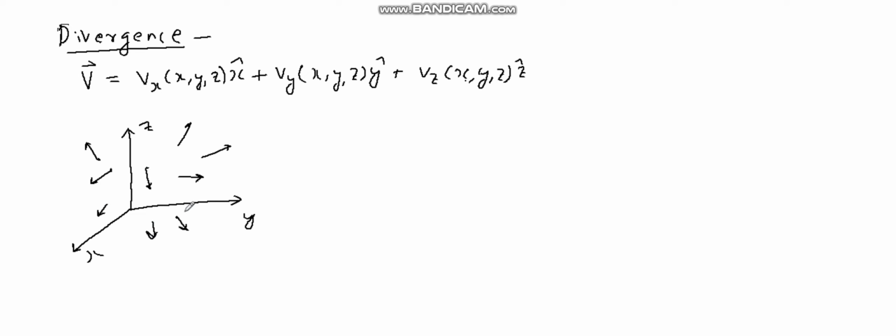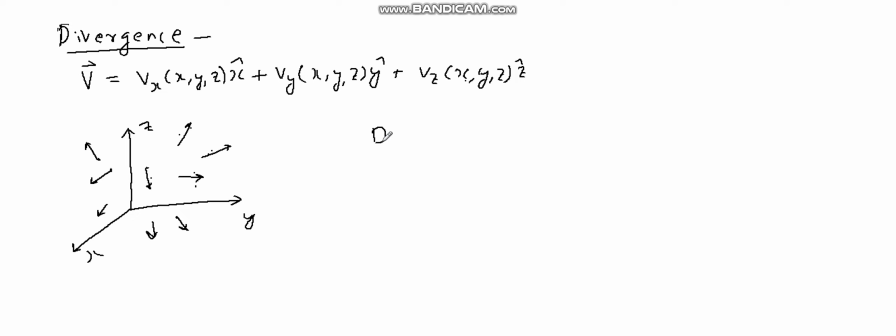So what is this divergence? Well, the name divergence itself says how these vector field lines are diverging or converging, or they are neither diverging nor converging. They are just parallel. So we can have three cases, right?